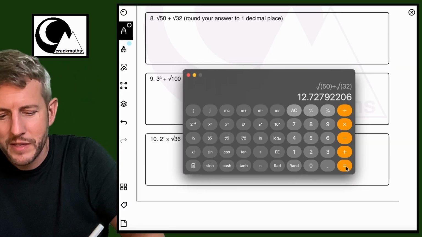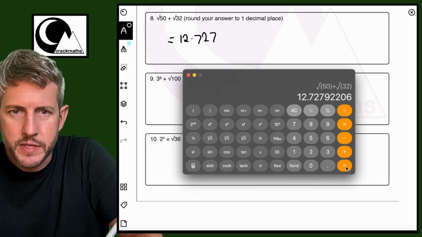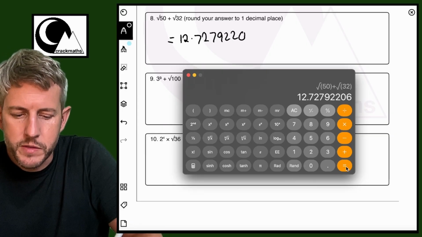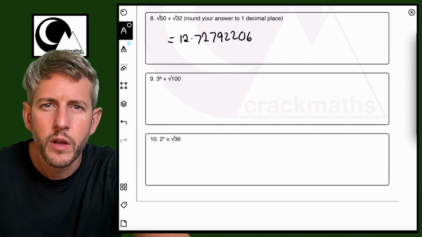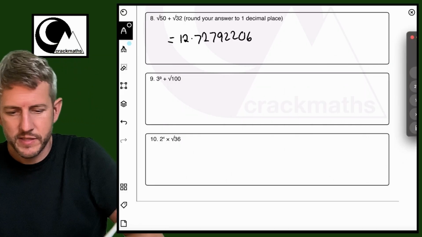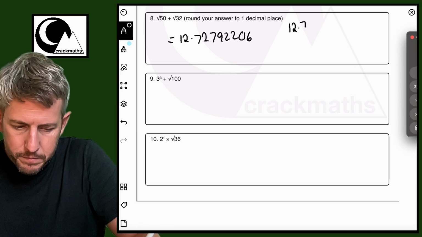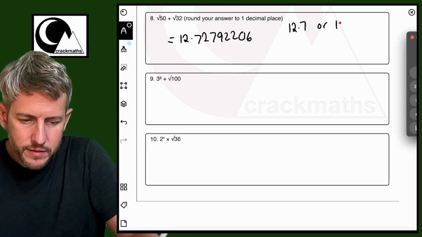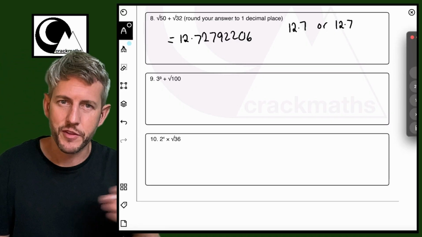And here we go. So this is equal to 12.7279206. And we're rounding it to one decimal place. So we would either round it to 12.7 or 12.8, because it's gone past 12.7 already. It's larger than that.